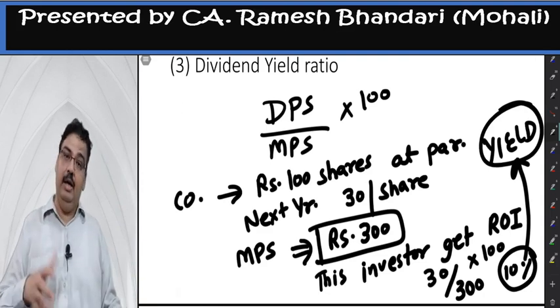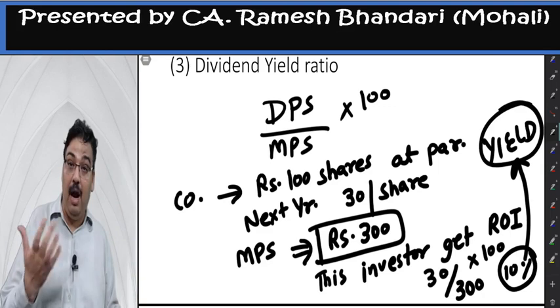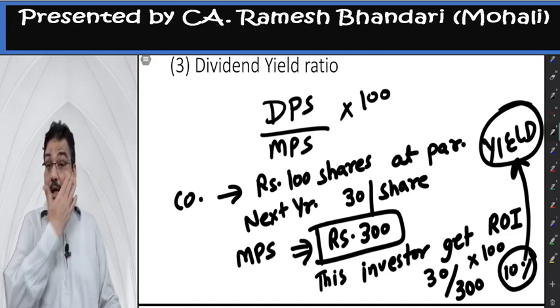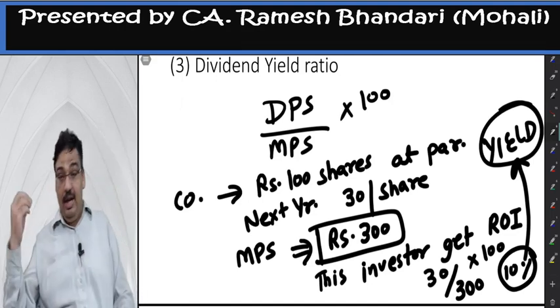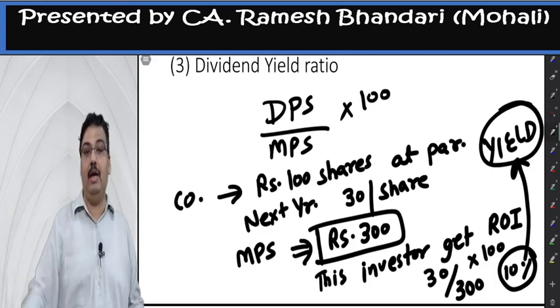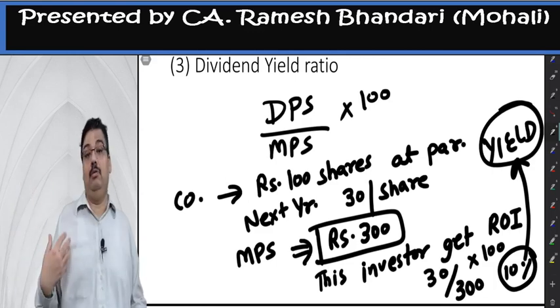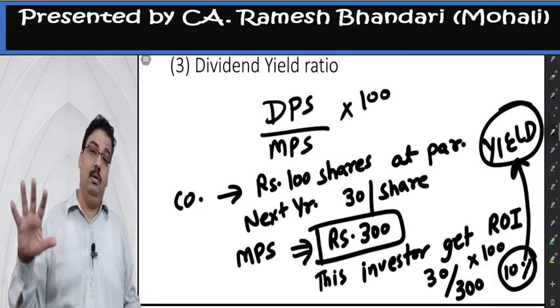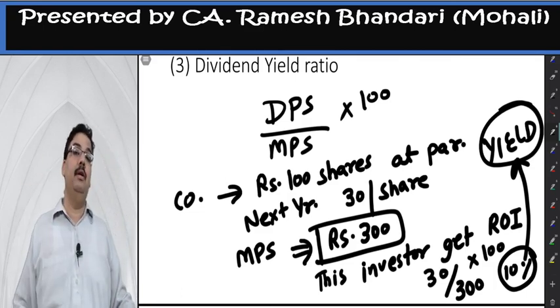If you are using dividend, it is dividend yield. Cash part, dividend yield. Accrual part, earnings yield. Simple. But it is based on market price. If I went to the market today and bought the shares at today's market price, what is my yield? What is my earning on that particular category? That is told by earnings yield and dividend yield.